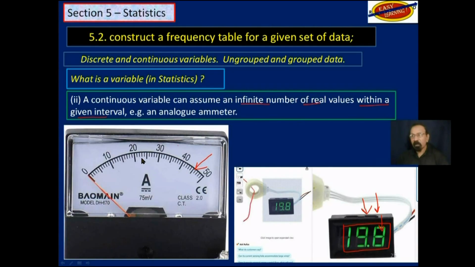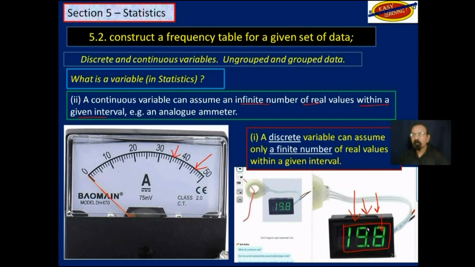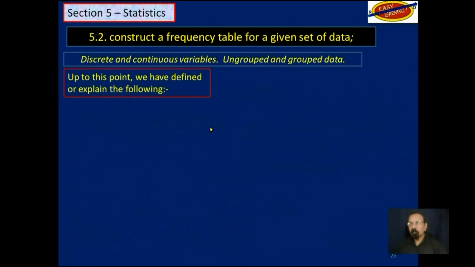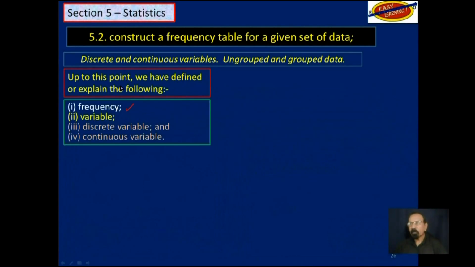So over here, you have a continuous variable. Down here on the right, you have a discrete variable. So a discrete variable can assume a finite number of real values only within a given interval. So up to this point, we know what frequency is, variable, discrete variable, and continuous variable.